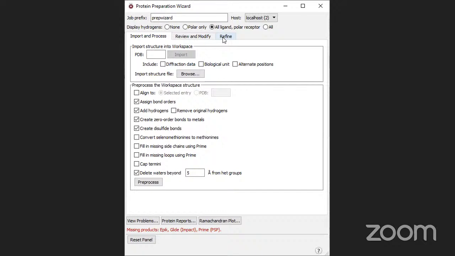Yesterday, we saw how to download the PDB ID of isomaltase of Saccharomyces cerevisiae. Likewise, we can download the PDB ID for our required protein. Then we need to browse for that protein. Here you can see the browse option.